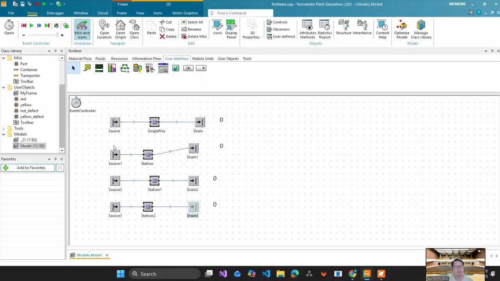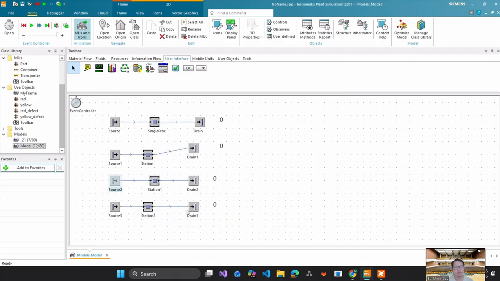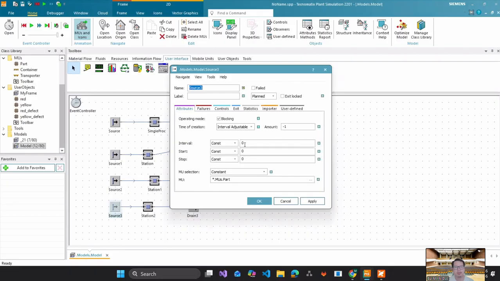Set. Then show here uniform from 1 minute to 5 minutes. This is also the same. 1 minute to 5 minutes is the same. 1 minute to 5 minutes.